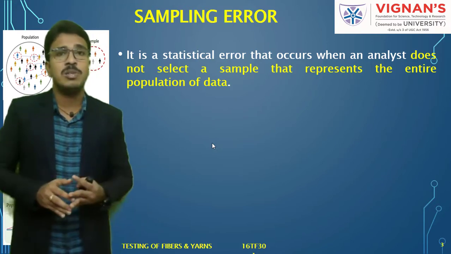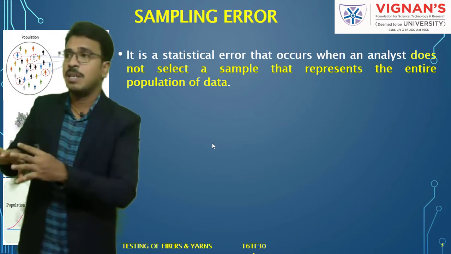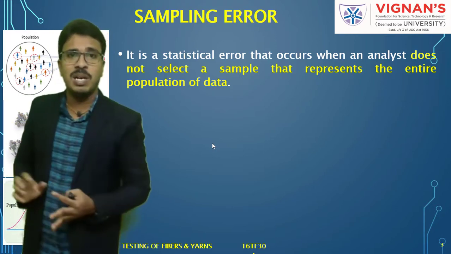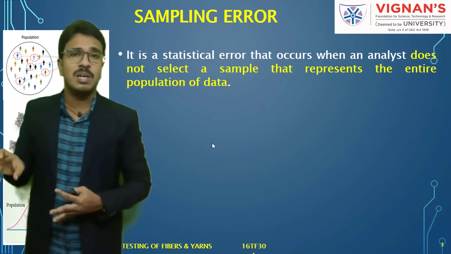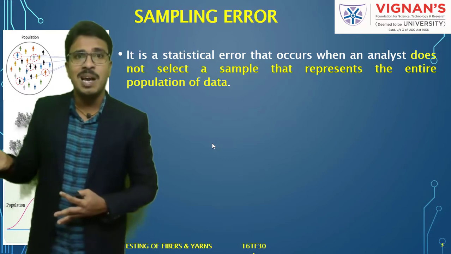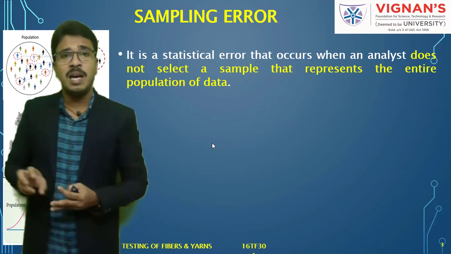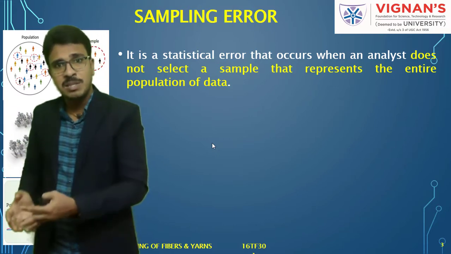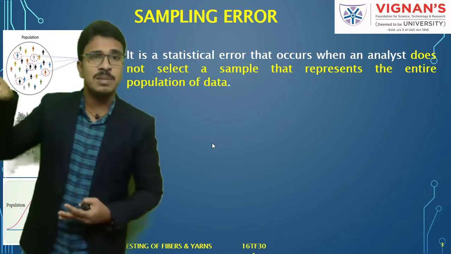In the last class I gave you so many examples. Suppose you place all your cones on one rack, and when doing sampling you select the cones which are good looking, or only the cones placed at the bottom, or only the cones placed at the top.